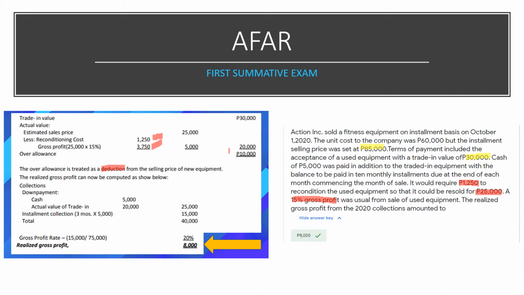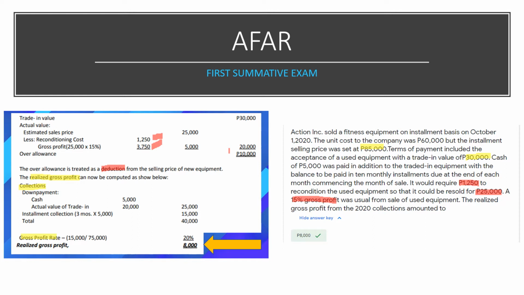So, our realized gross profit can be computed by the collections multiplied by the gross profit rate. Again, simply, the realized gross profit is collections multiplied by our gross profit rate. Okay, so the question is, what are our collections? We have two collections here. First is the down payment.